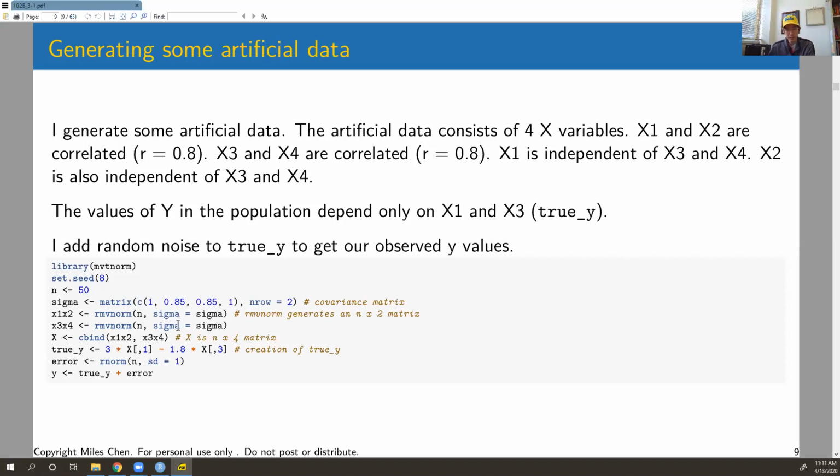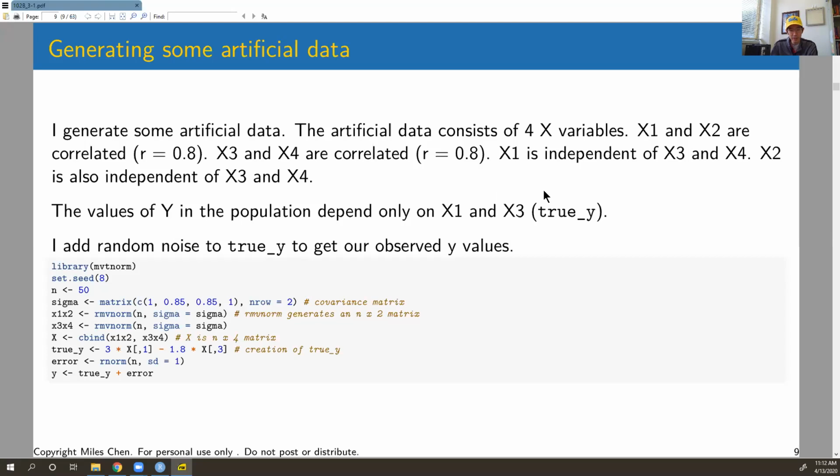This data is being generated using library mvtnorm, and I'm using rmvnorm to generate these correlated values. Or actually, I guess I used 0.85. Sorry, I've got to fix that.